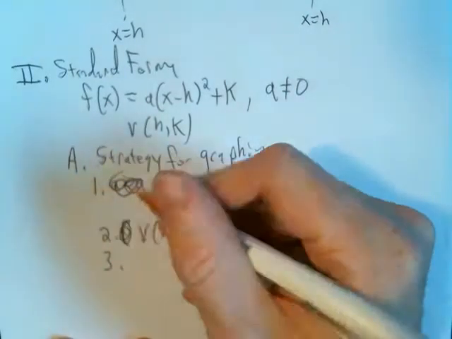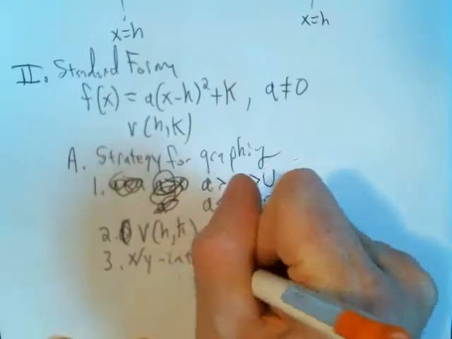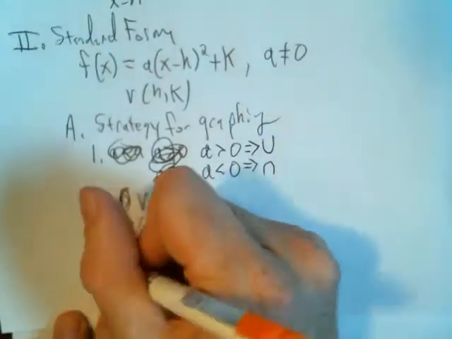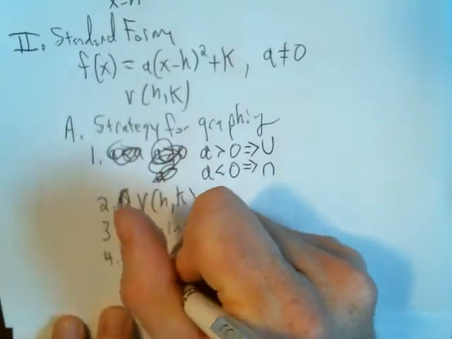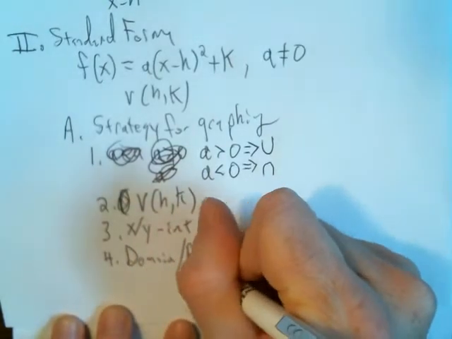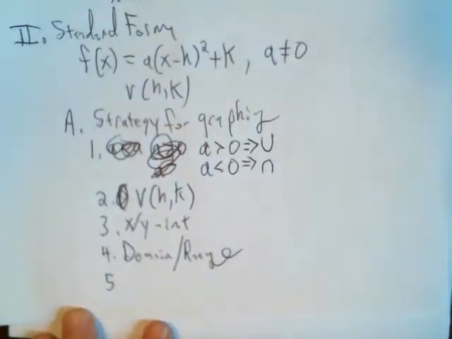Part 3, you want to get the x and y intercepts. Okay, so for the x-intercept, let y equal 0. For the y-intercept, let x equal 0. Fourthly, get the domain and range. And then fifthly, get your axis of symmetry.